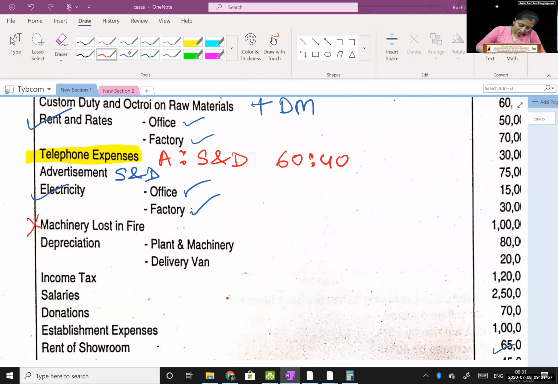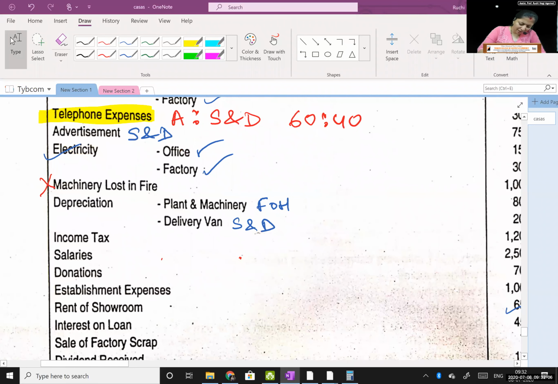Depreciation, this one is also easy. Plant and machinery will go to factory, and delivery van depreciation will go to selling and distribution. What about income tax? Hari Kishan is saying admin. Anyone?